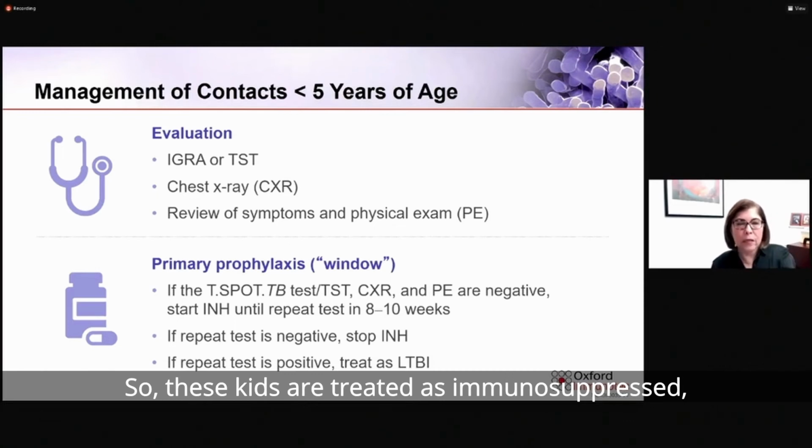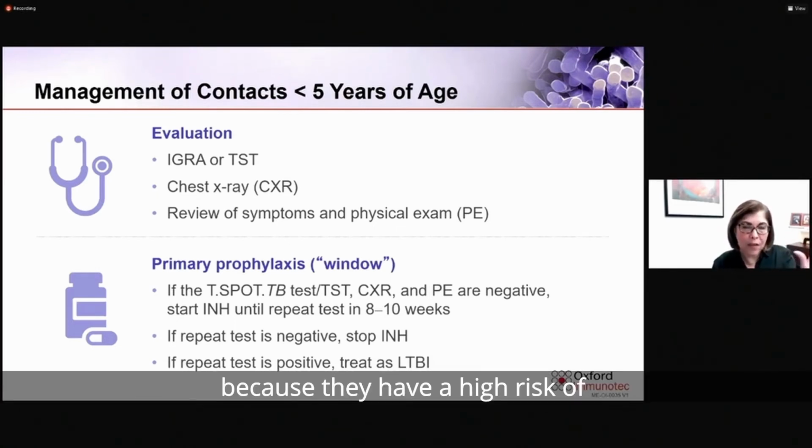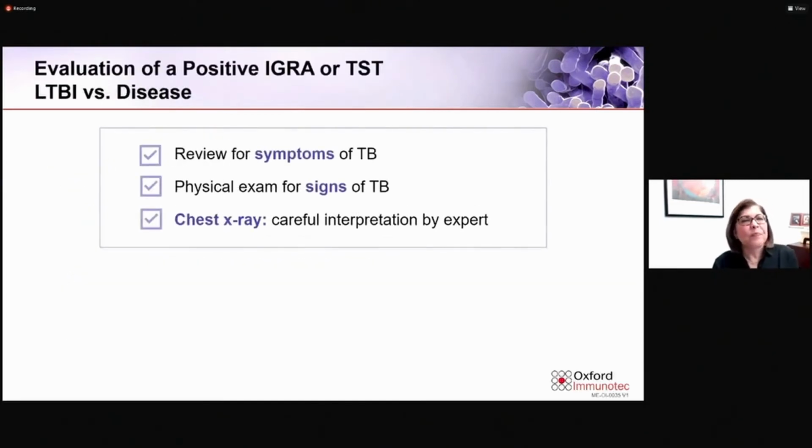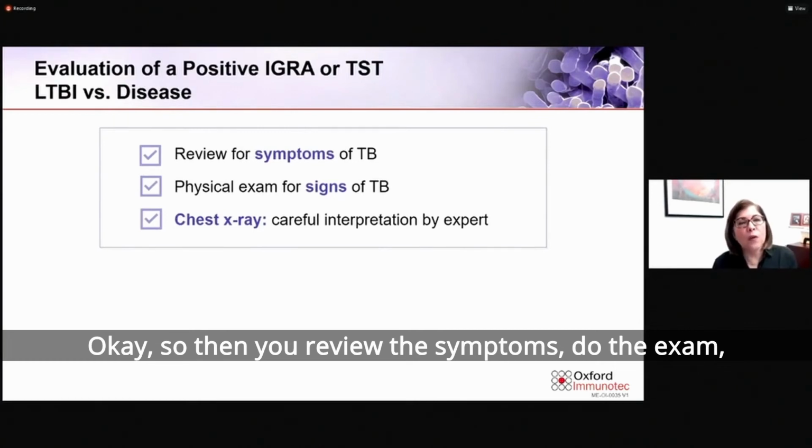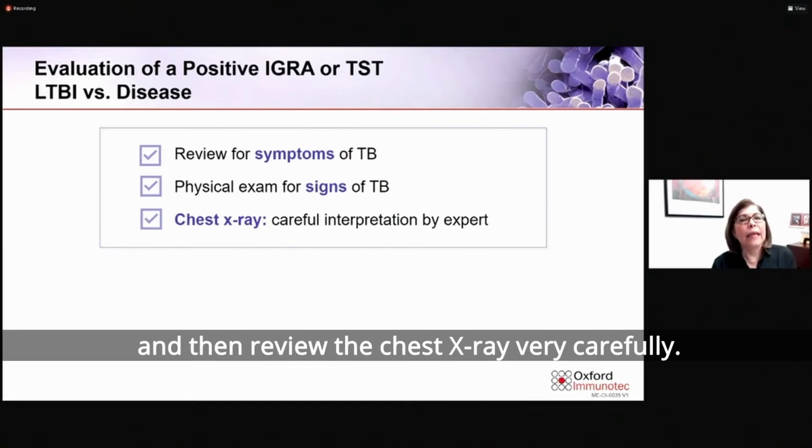So these kids are treated as immunosuppressed because they have a high risk of developing very severe TB disease. Okay, so then you review the symptoms, do the exam, and then review the chest x-ray very carefully.